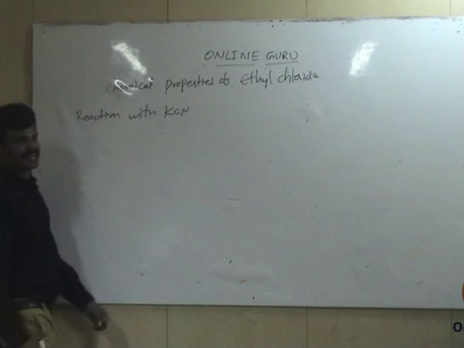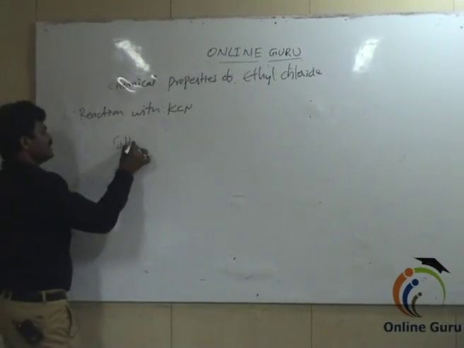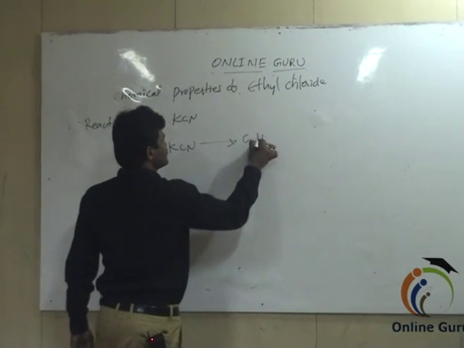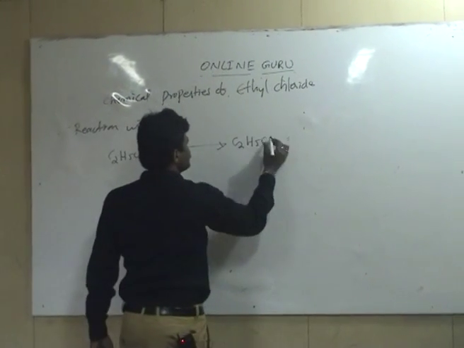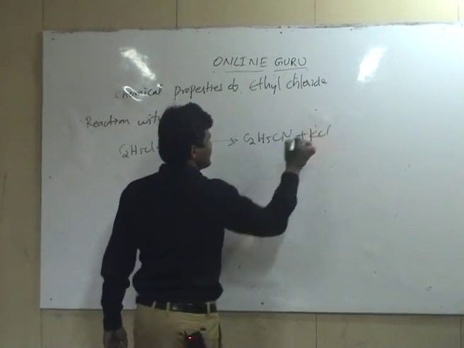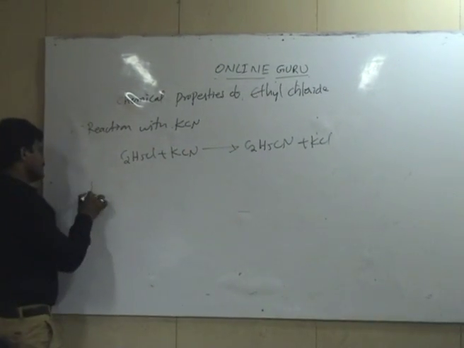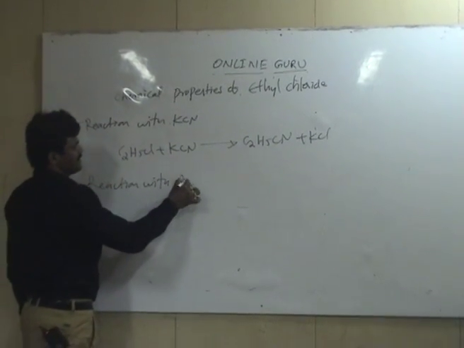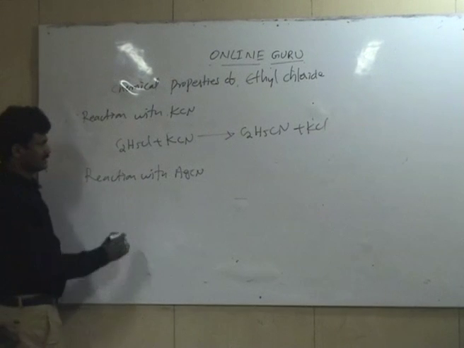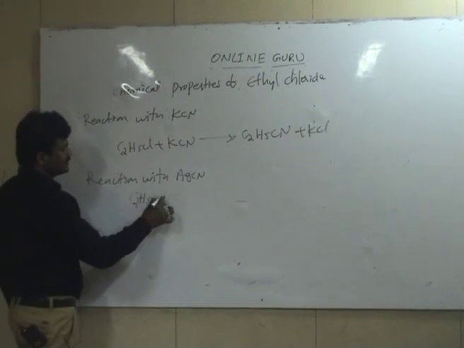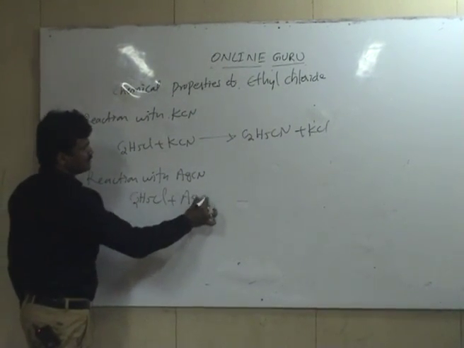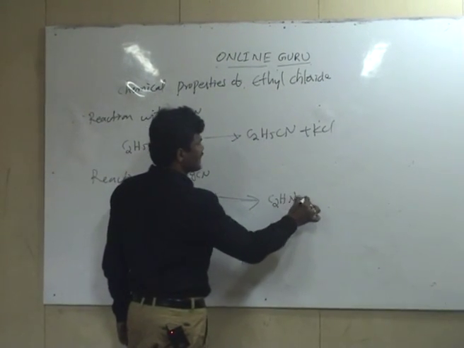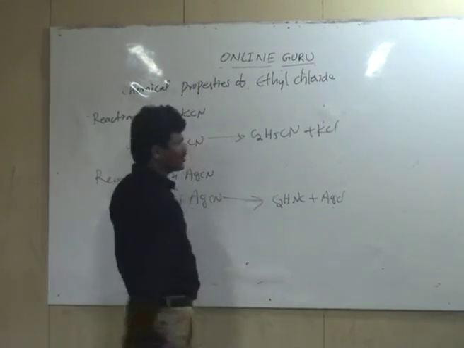Reaction with KCN, potassium cyanide. When ethyl chloride reacts with KCN, it produces ethyl cyanide and KCl. Then reaction with AgCN, silver cyanide. Ethyl chloride reacts with AgCN to form ethyl isocyanide and silver chloride.